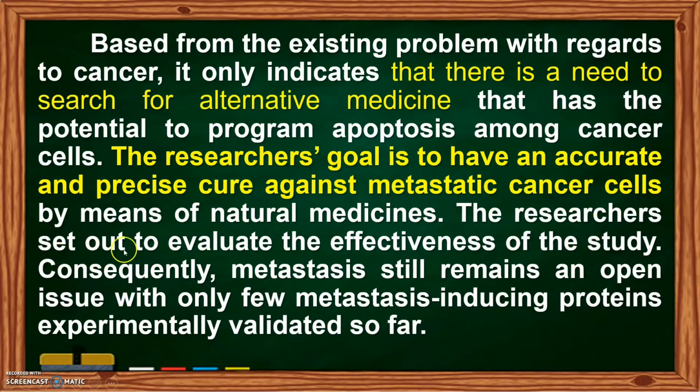The researchers set out to evaluate the effectiveness of the study. Consequently, metastasis still remains an open issue with only few metastasis-inducing proteins experimentally validated so far. So this is an example of background of the study. Again, it talks about the intent and willingness of the researcher to continue and conduct the study.